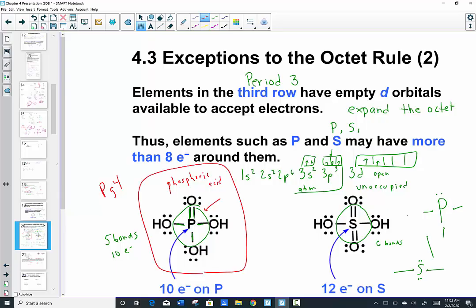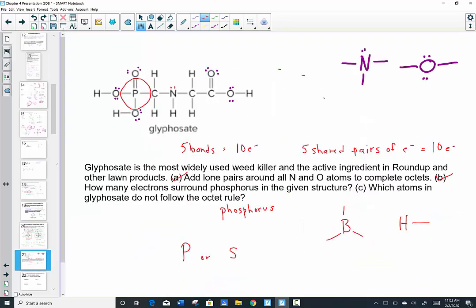And when I asked you to draw the structure for sulfuric acid, this was the structure you drew, and you recognized that sulfur was breaking the octet rule. Then I worked this example problem where we put in all the valence electron dots on the nitrogens and oxygens and recognized that phosphorus was breaking the octet rule.